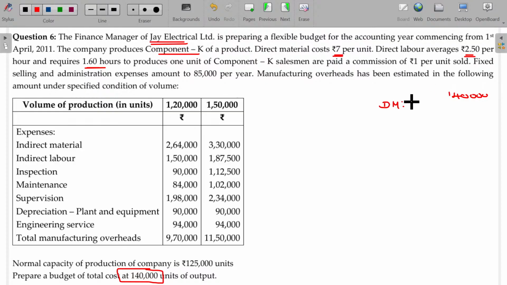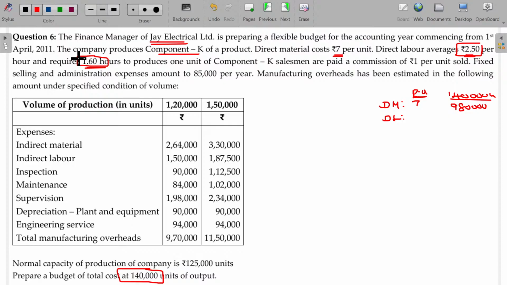Direct material cost being 7 rupees per unit. For 1,40,000 units, what could be the value? 9,80,000. There is no doubt here. In case of direct labor, 2 rupees 50 paise required per hour. For producing 1 unit, we need 1.6 hours.